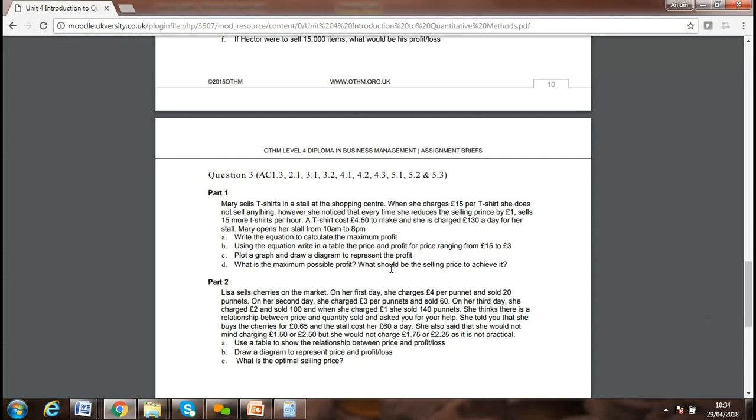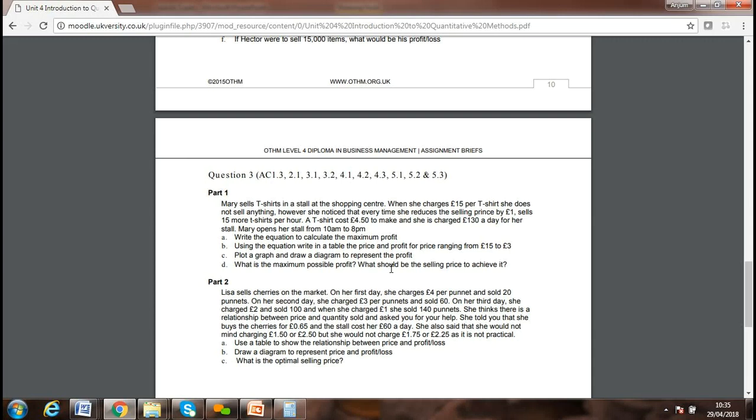So Mary sells t-shirts at a shopping center and charged 15 pounds per shirt. She does not sell anything. However, she noticed that every time she reduced the selling price by 1 pound, she sold 15 more t-shirts per hour.